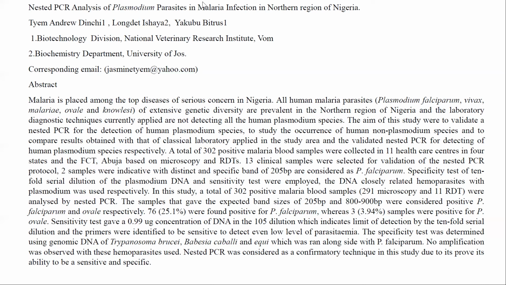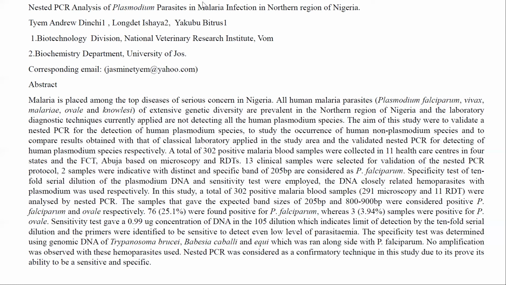For our work, we used 13 samples selected to validate the PCR protocol that we were adopting. And 2 out of these 13 samples gave us a distinctive and specific 205 base pair band, indicative that those samples were Plasmodium falciparum, which we use as our positive control.